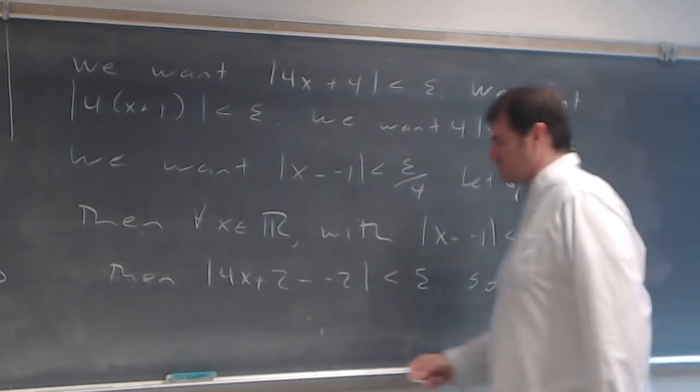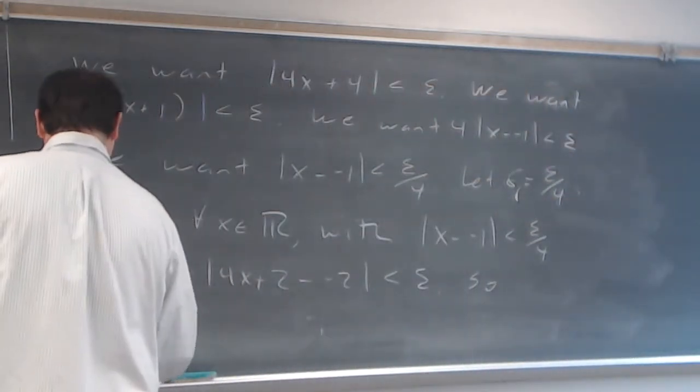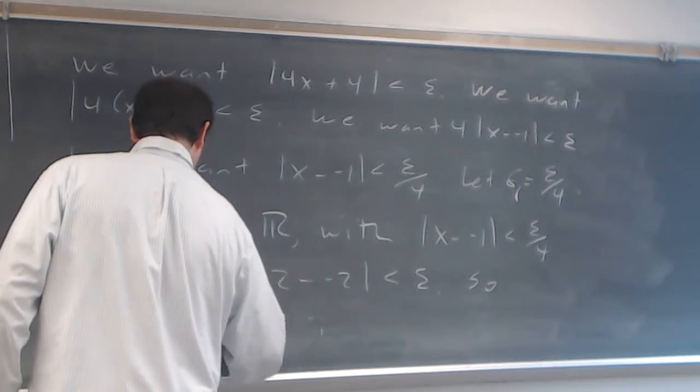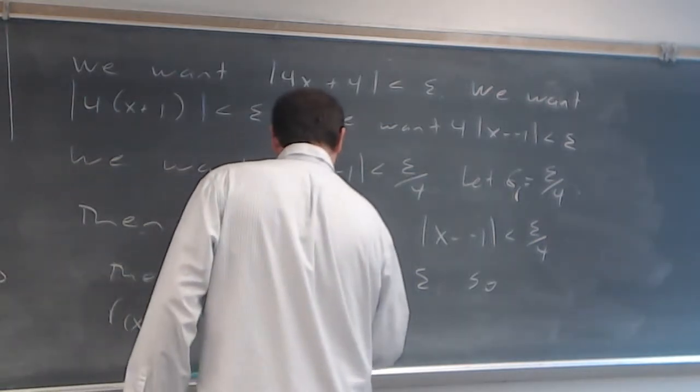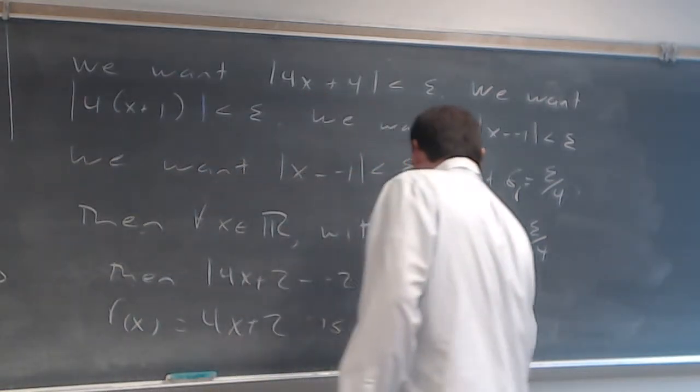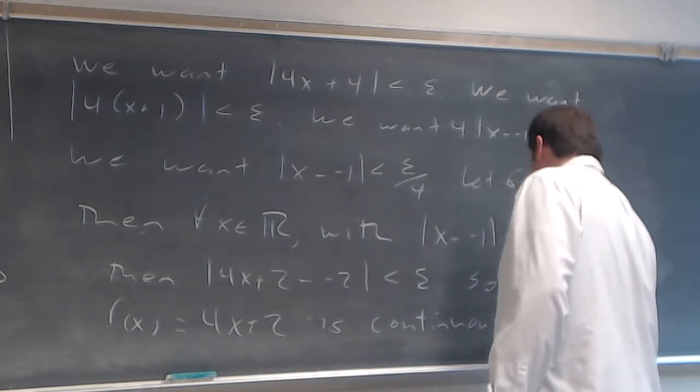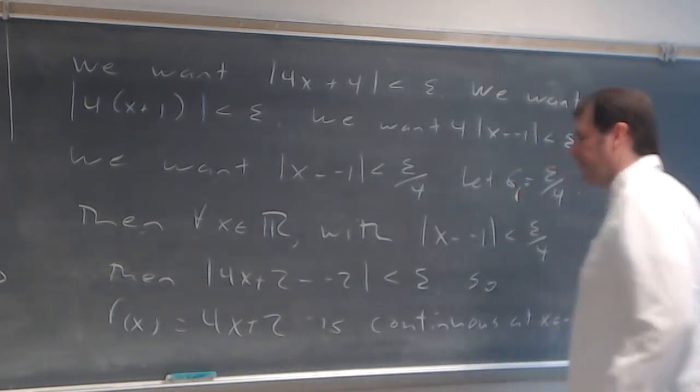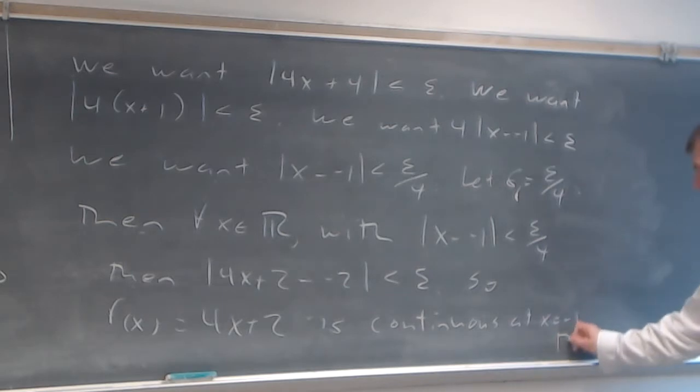And so that tells us that f of x equal to 4x plus 2 is continuous at x equal to minus 1. And that's the proof.